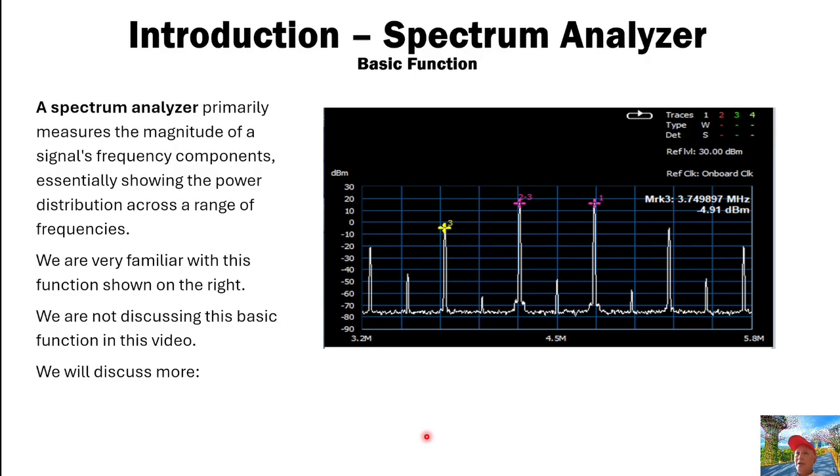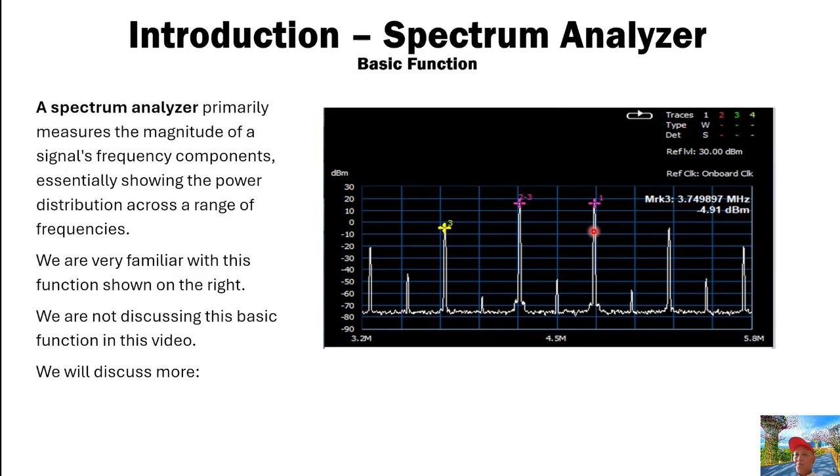So okay, this is basically what a spectrum analyzer does for frequency domain measurement. For example, I have a few markers here, 1, 2, 3, to measure the different power at the different frequencies.